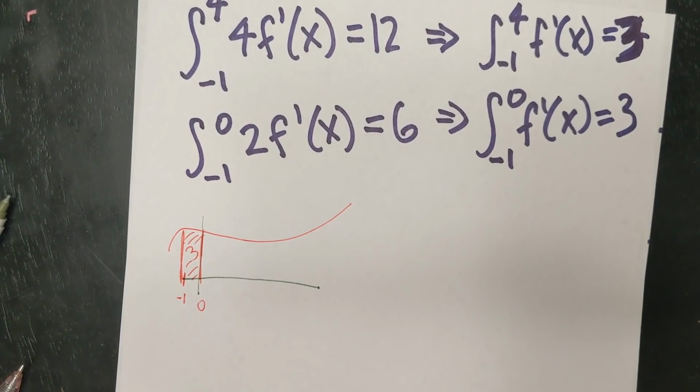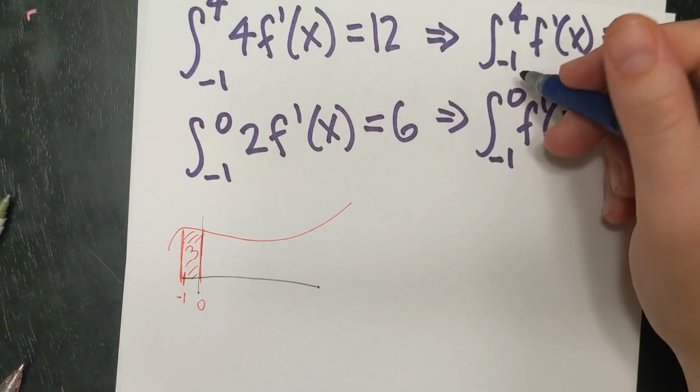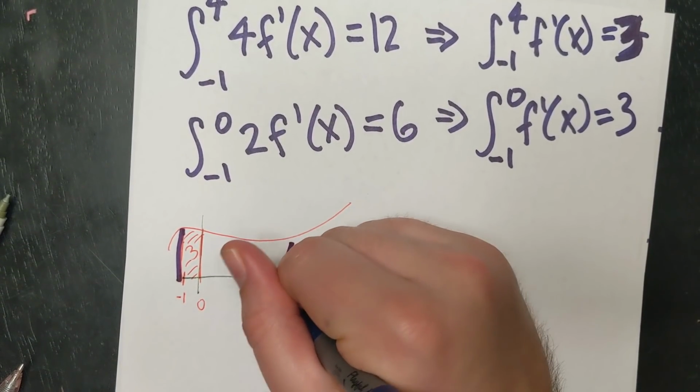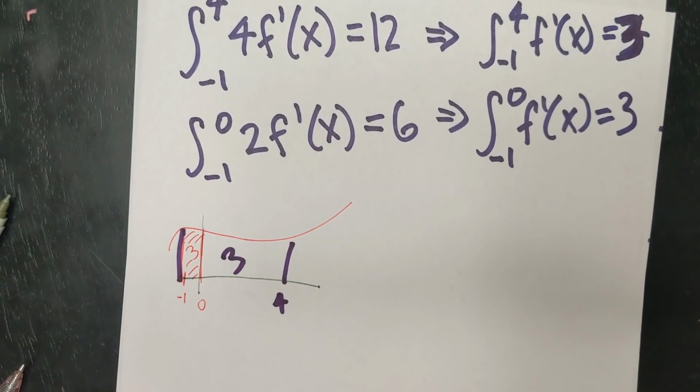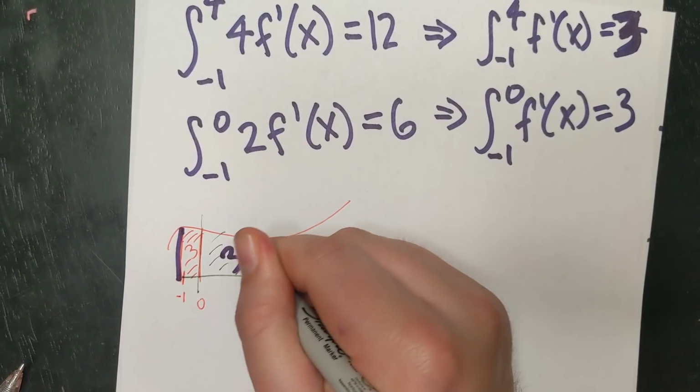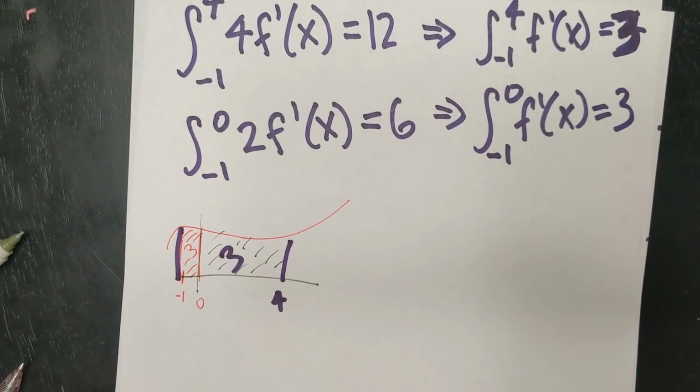But I also know that the area from -1 all the way to 4 is 3. So now I'm trying to figure out what is just this area right here. And so the picture suggests this perhaps.